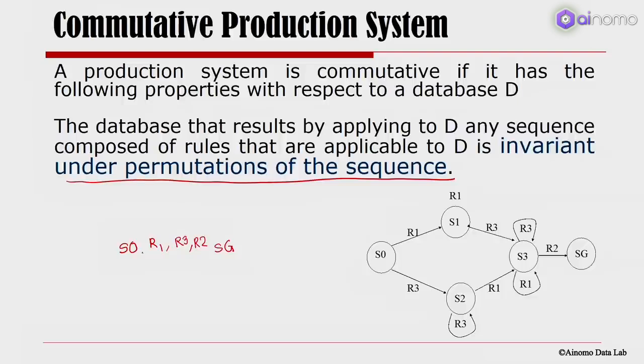I should be able to go not only in this sequence from S0 to SG, I should also be able to go from S0 to SG in another sequence, like R3, then possibly R1, and then possibly R2. If this is possible, then the production system is said to be commutative.